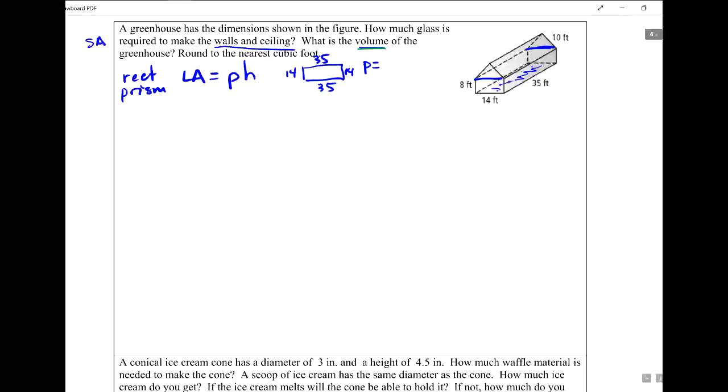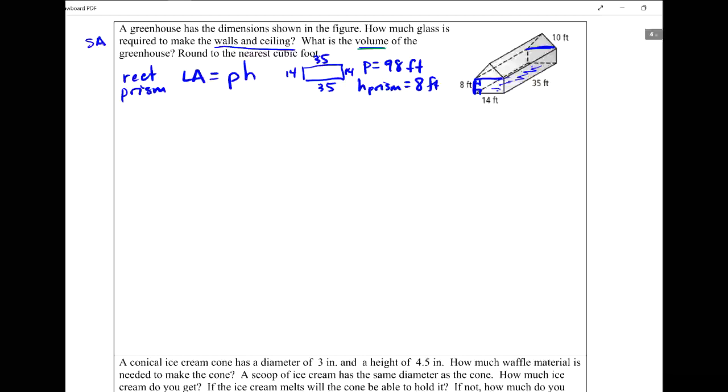Our perimeter is going to be 98 feet. And the height of our prism goes from base to base. Even though we aren't using our bases and the top base does not exist, it's still where the base would be. So the height of our prism is 8 feet because we are measuring perpendicular base to base, right?